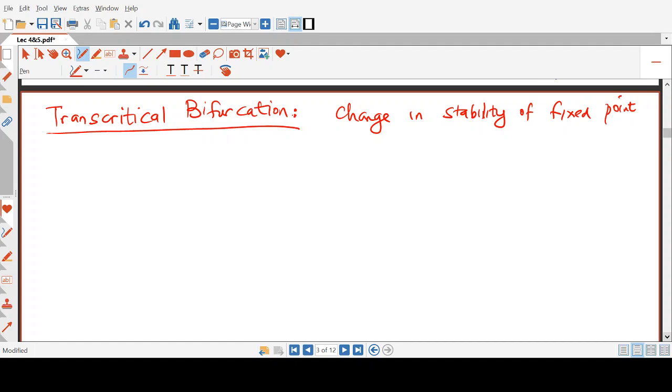Did I draw the picture? Okay, let's take the classic example, generic example. Generic means it's the typical example. Generic form: x dot equals rx minus x squared. There's now an x next to r.